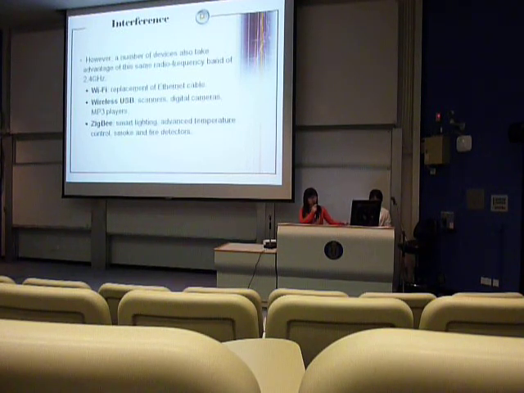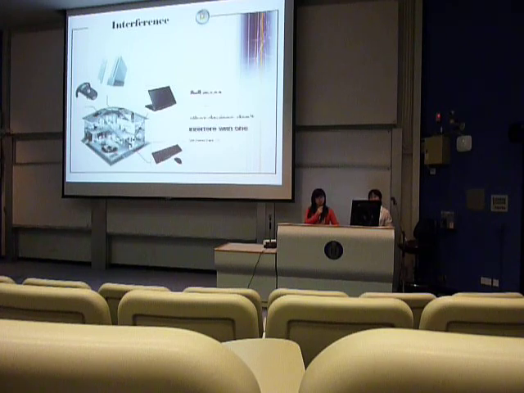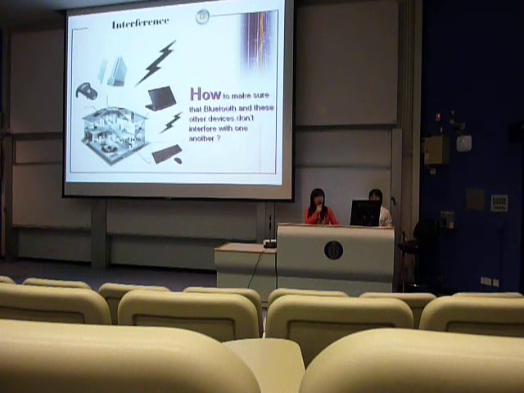Three examples are given. So there exists interference. How to make sure that Bluetooth and these other devices don't interfere with one another is an important topic of Bluetooth design. So we will give two fundamental methods to deal with this problem.